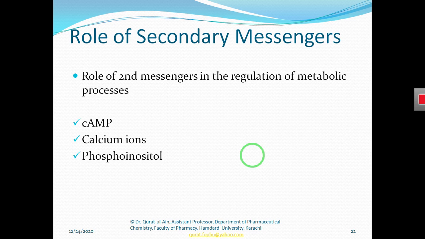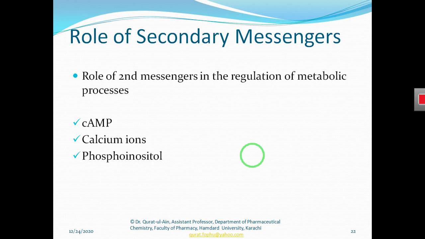First messengers are the molecules that bind with the receptor and initiate a signal transduction pathway inside the cell, and this signal reaches the cell and activates the genes that are involved in the particular task. However, the second messengers are those that catch the signal from the first messenger, and they are present inside the cell.